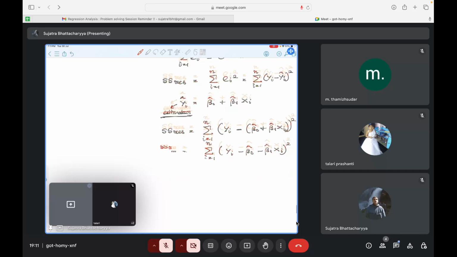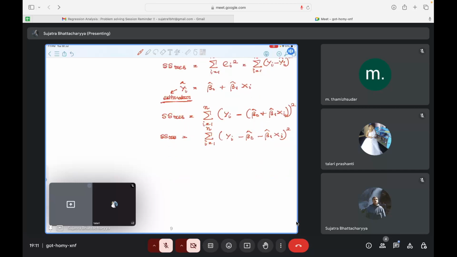Now, for best fit, for the best fit line, we need to minimize the error. See, the sum of the errors is already zero, so for minimizing the error, we minimize SS residual.